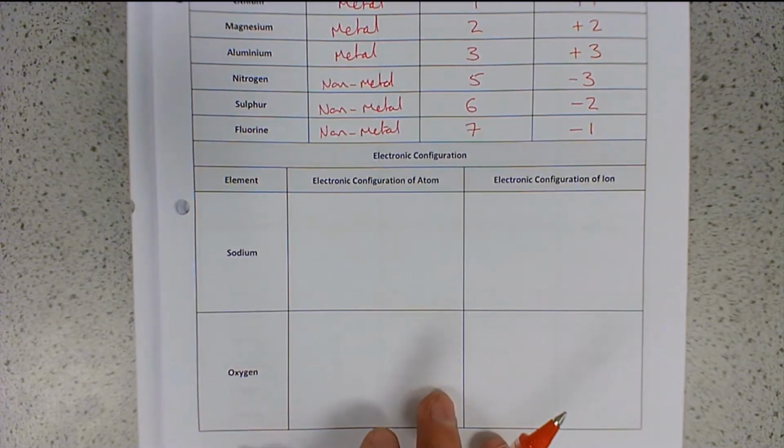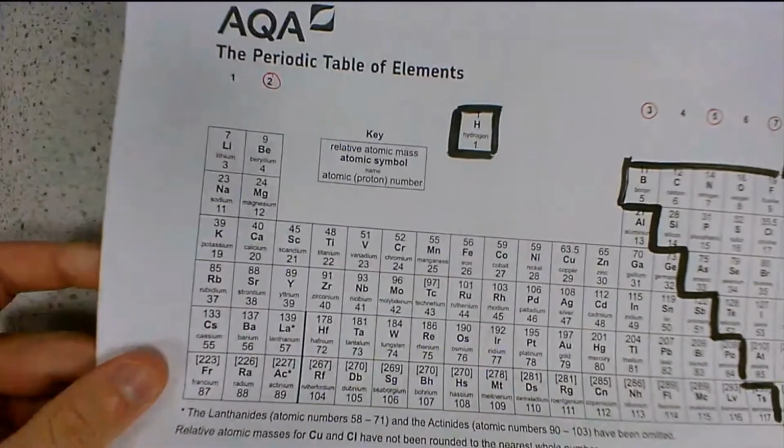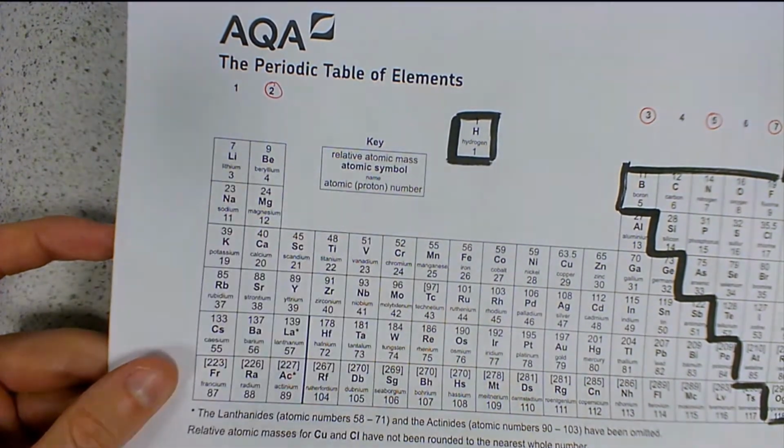So we're going to have a look at the electronic configurations of these atoms and how those electronic configurations change when they become ions. So we're going to start with sodium. Sodium is in period 3, group 1.